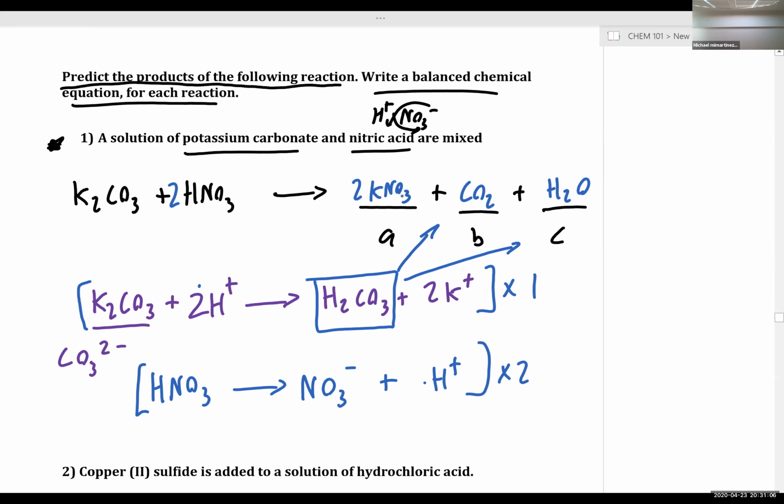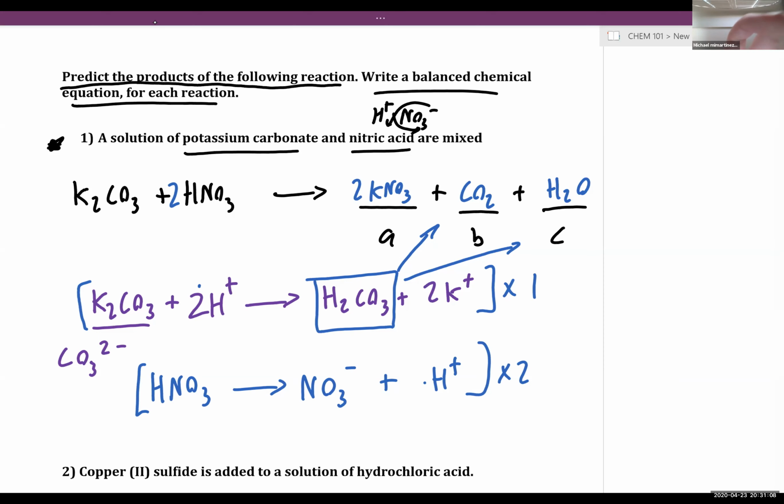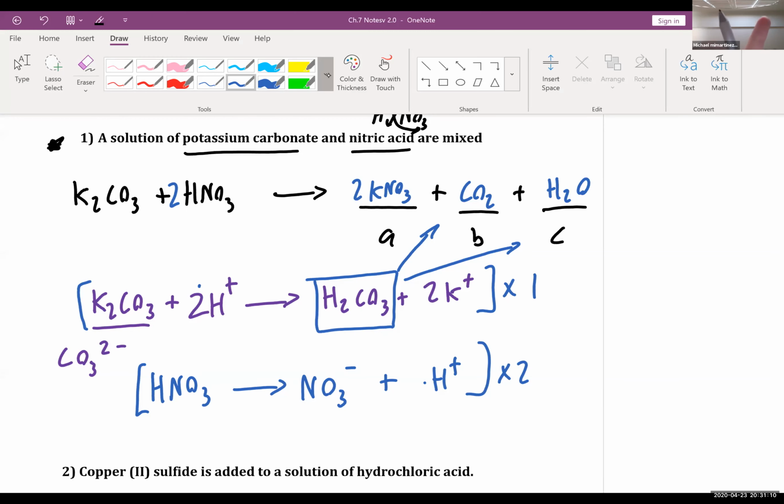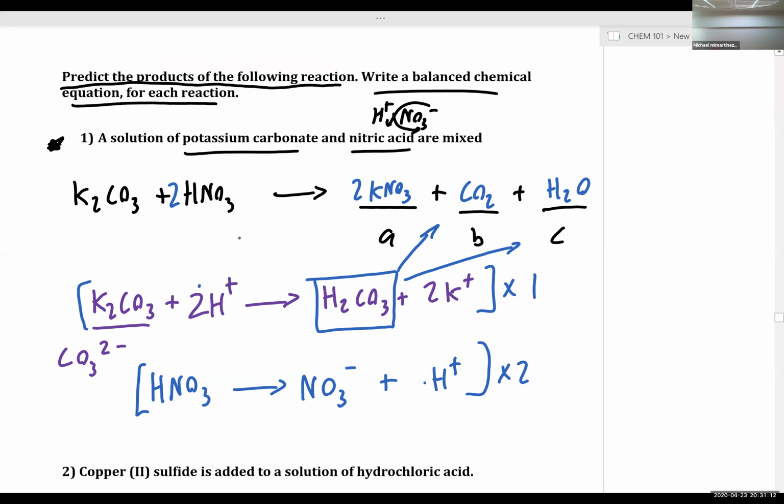Okay, this is one method of doing things, but the other method that I like to use is the salt-based method. So we identify our cation and we identify the conjugate base.